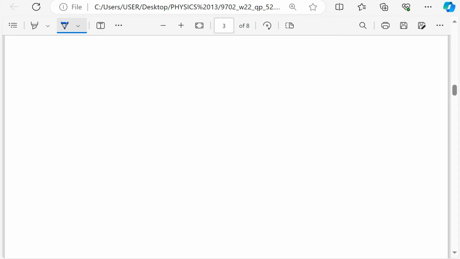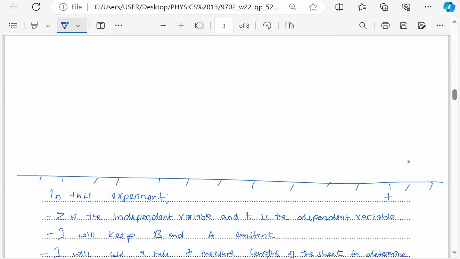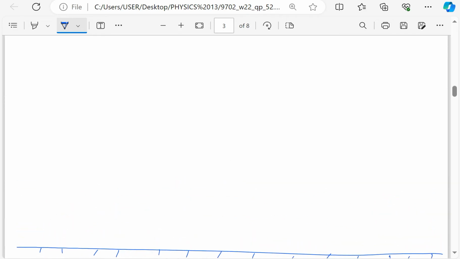Okay, so now I'm going to draw my diagram. I will start with the table. Let us assume the setup is on a table. Draw the diagram with a pencil and make sure it is neat. Where possible, use a ruler. So this is going to be the table. I'm going to put here my cushion or the sand tray. Let me first draw the stand.